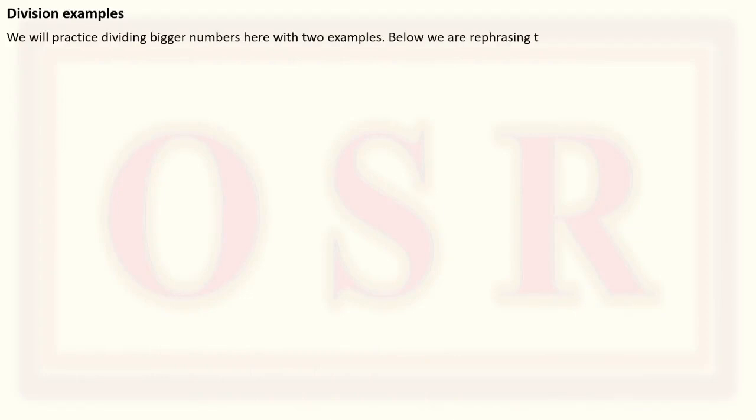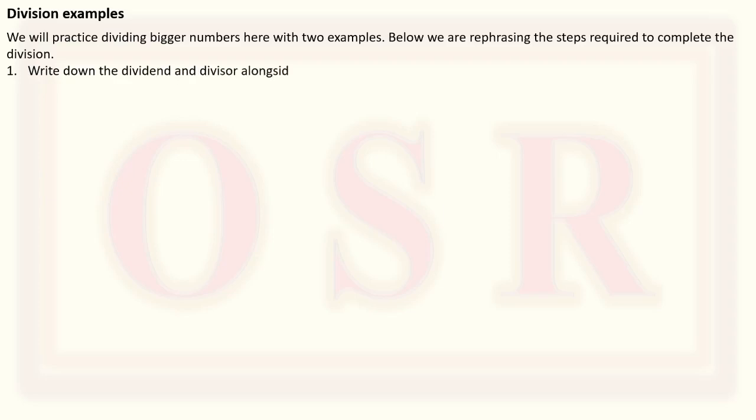Division examples. We will practice dividing bigger numbers here with two examples. Below we are rephrasing the steps required to complete the division. First, write down the dividend and divisor alongside. Separate them with a line and draw a line above to note the quotient.